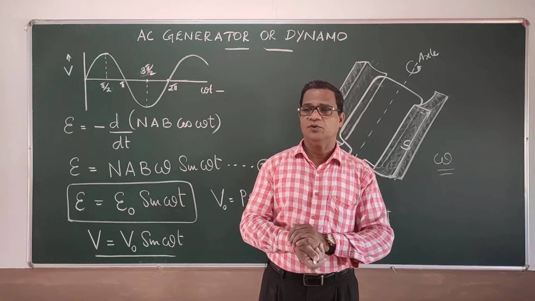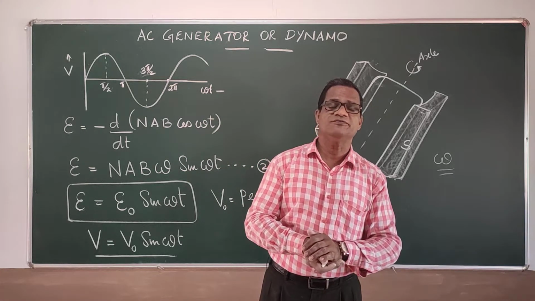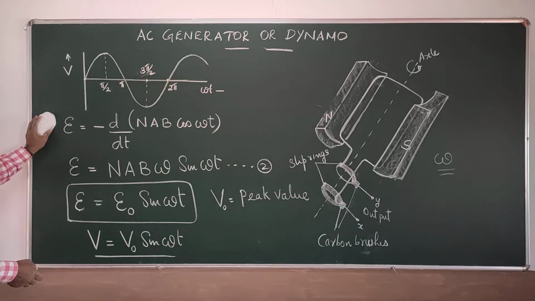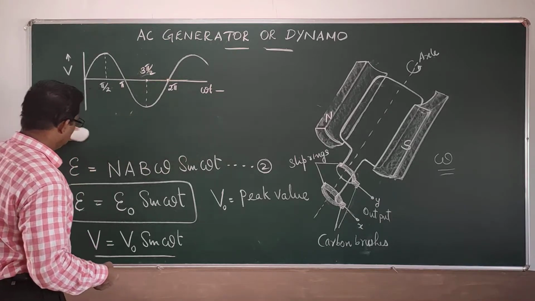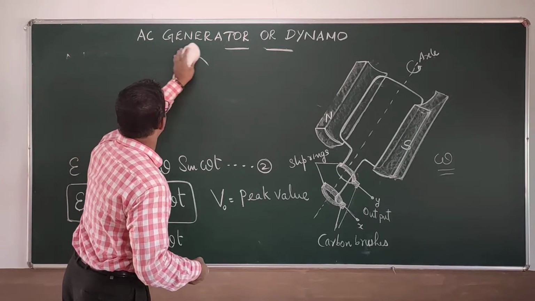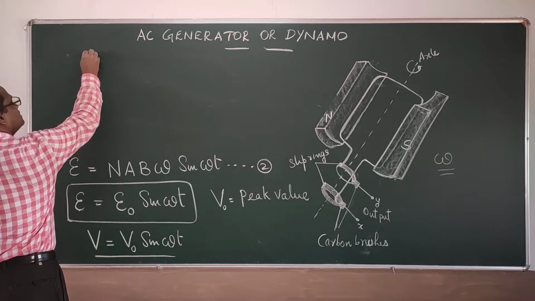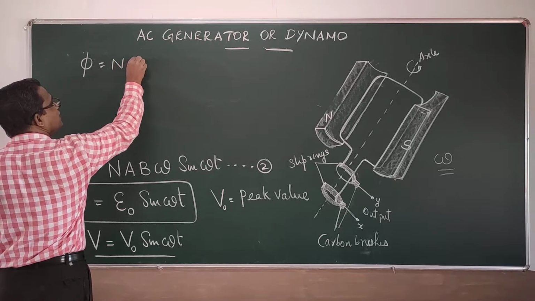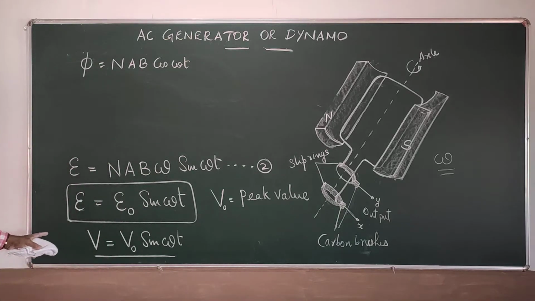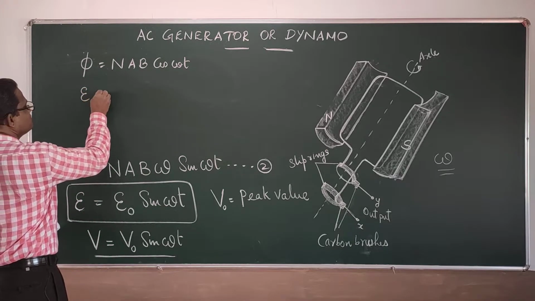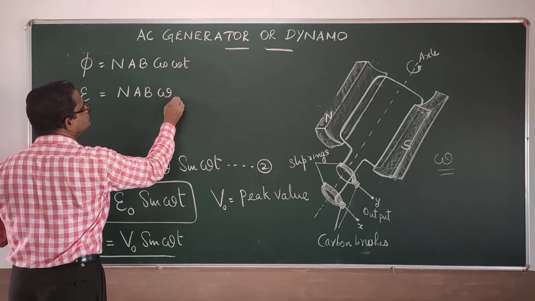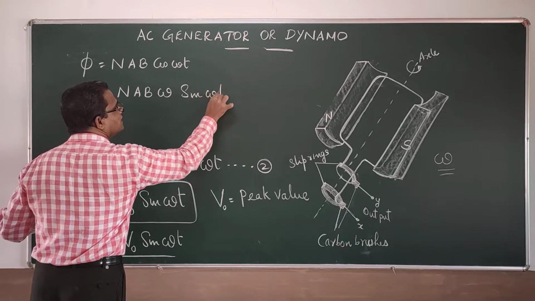Another point to be noted is that the flux phi is equal to NAB cos omega t, and the induced EMF is found to be NAB omega sin omega t.